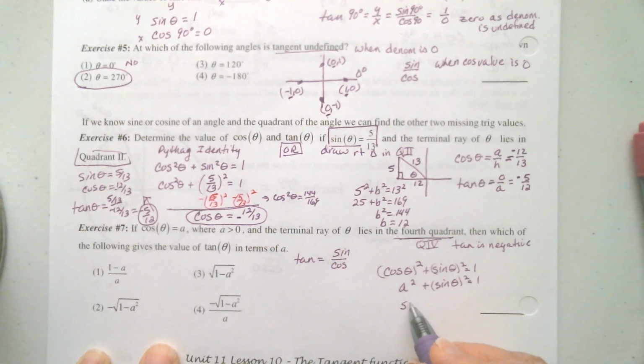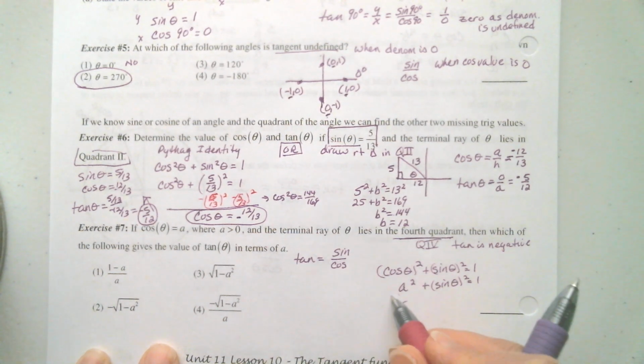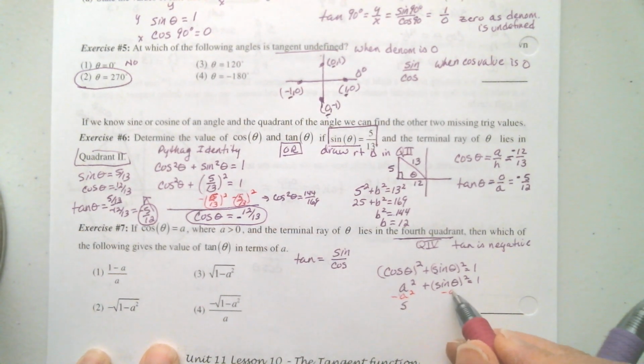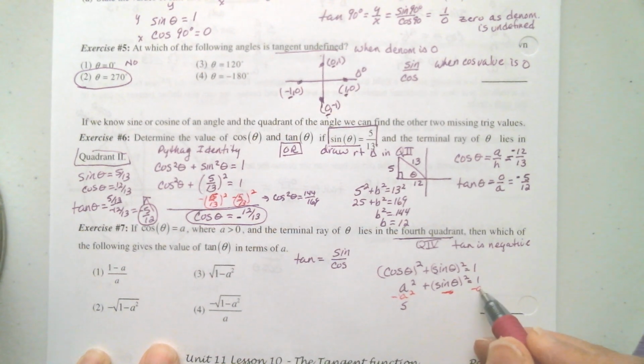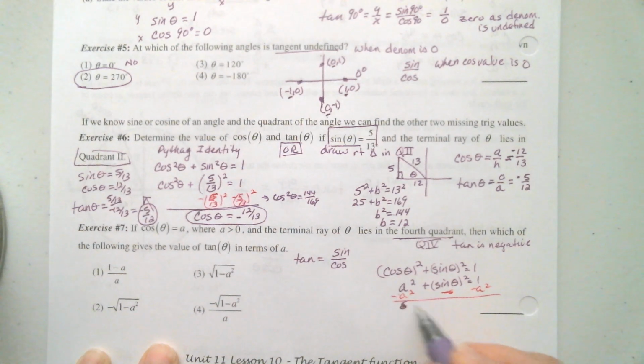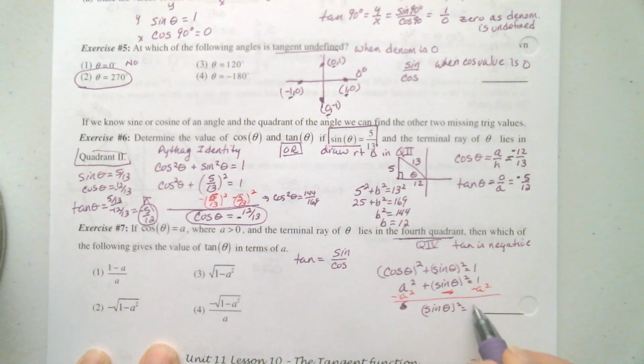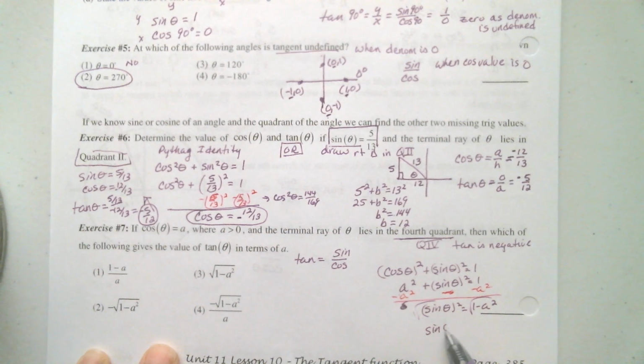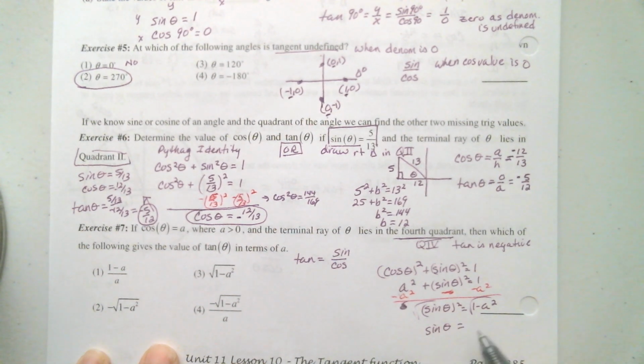Subtract a squared from both sides. So we have sine theta squared equals 1 minus a squared. Then we take the square root of both sides, so sine theta equals plus or minus the square root of 1 minus a squared.